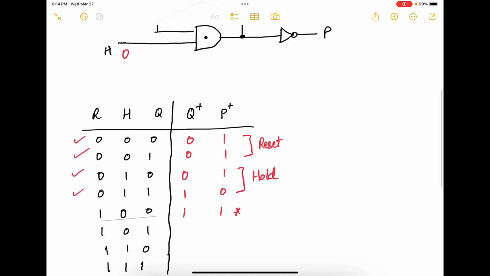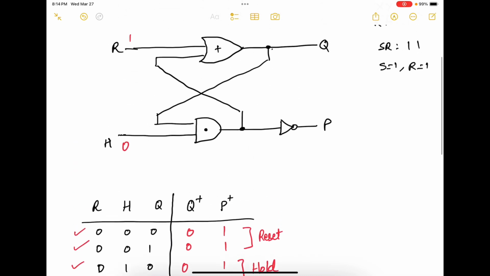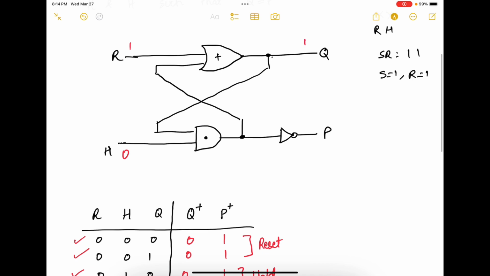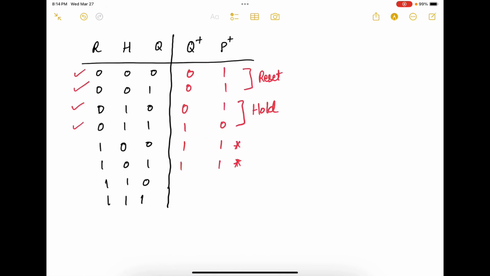See what happens when R is 1, H is 0, and Q is 1. So 1 goes down here. 1 and 0 is 0. 0 flip is 1. 0 goes on top. This stays at 1 and the circuit stabilizes. Again, Q plus and P plus are 1 and 1. This is another violation.